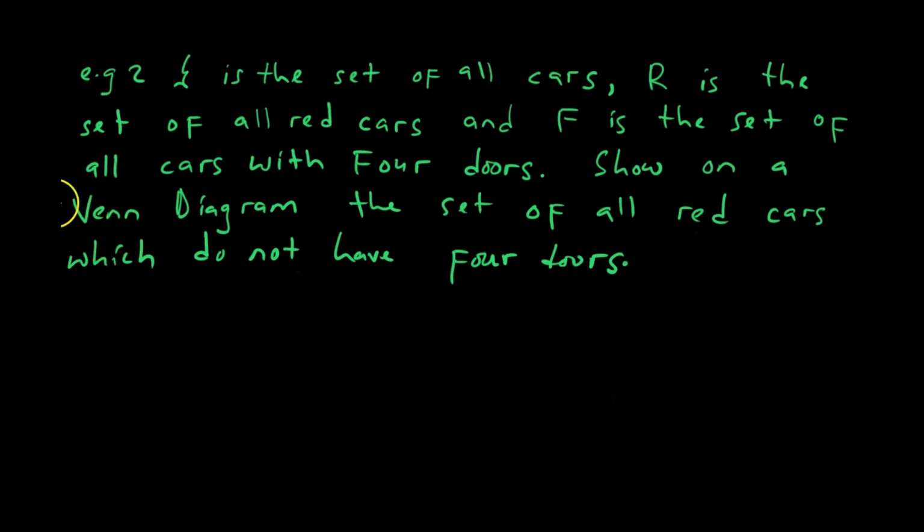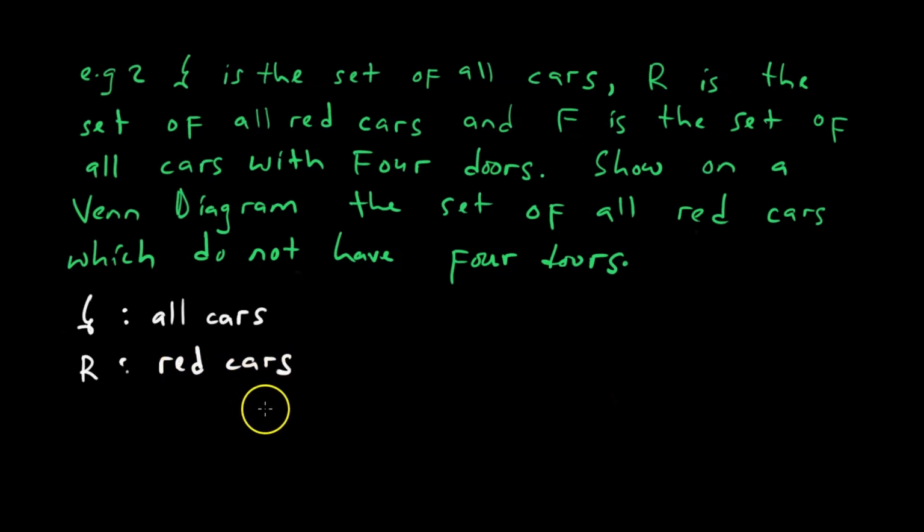We are told that our universal set is the set of all cars, say Lamborghini, Tesla, Mazda, Toyota, whatever. That's the universal set. Then R is the set of all red cars, and F is the set of all cars with 4 doors.